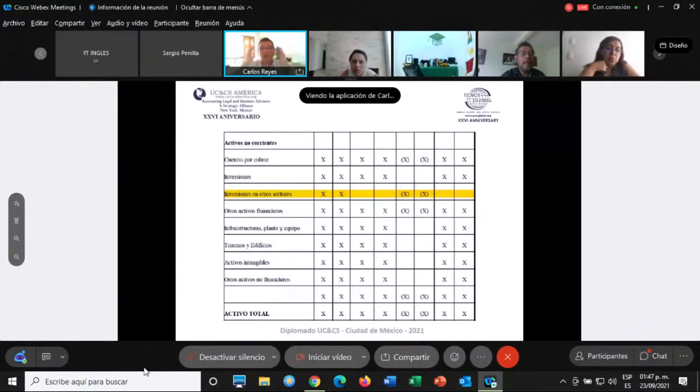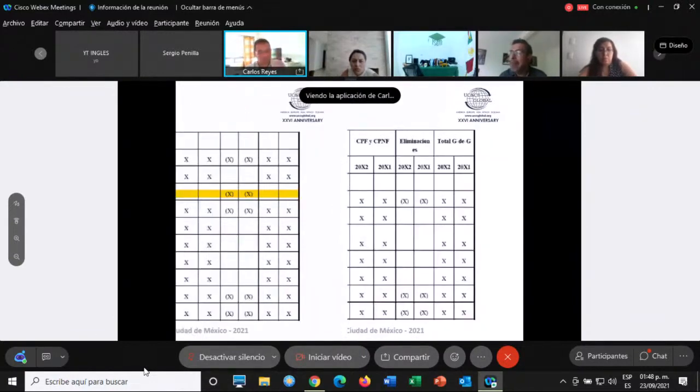We can see here continuing accounts receivable, investments, and I highlighted this line, other sector investments, and they are with no balance. They are reclassified. They were other sector investments, and here they are without balance because they were consolidated. They were segregated in all the items and other categories of the financial statement.